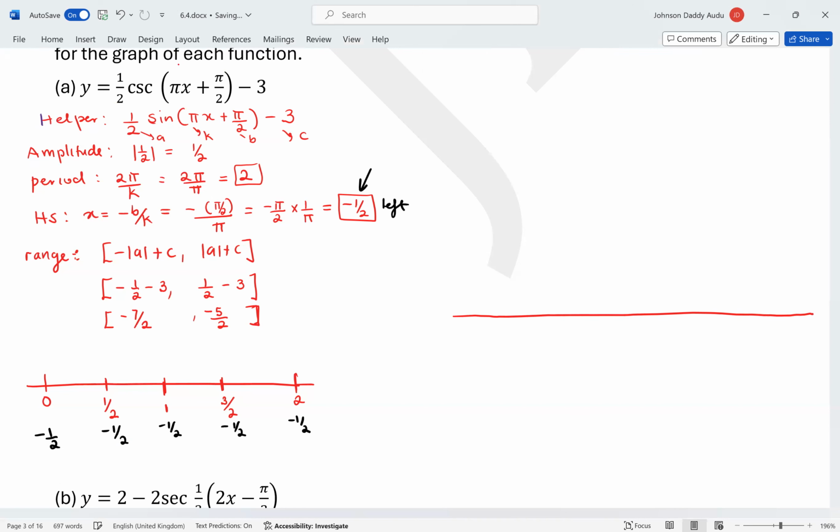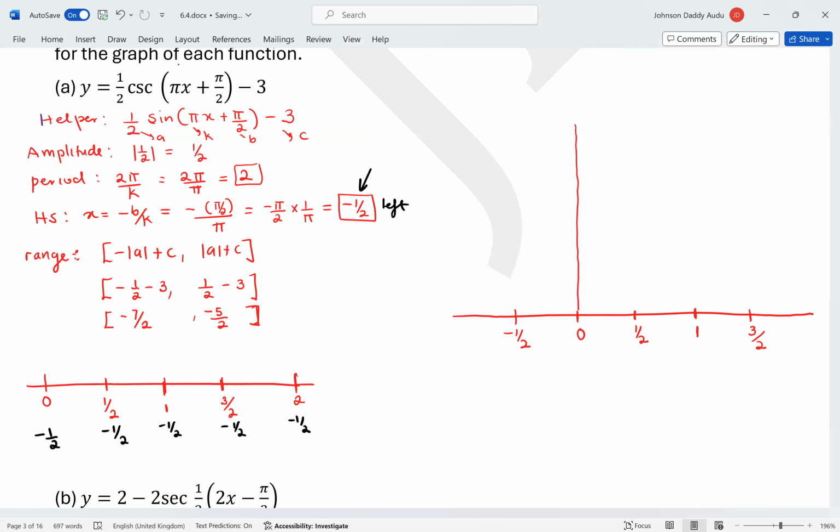So 0 minus half means we start from minus half. Half minus half is 0. 1 minus half is half. 3 over 2 minus half is 1. And 2 minus half is 3 over 2. So these are the 4 intervals we'll work with.